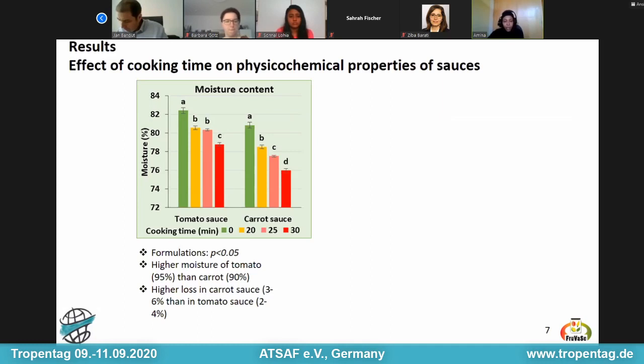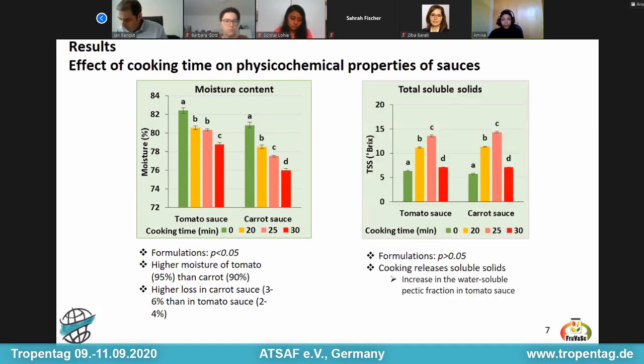And cooking time had a significant effect on the moisture losses. And the higher loss was in carrot than in tomato sauce. So in tomato, there was about 2 to 4%, and in carrot was 3 to 6%. And this can be explained later.